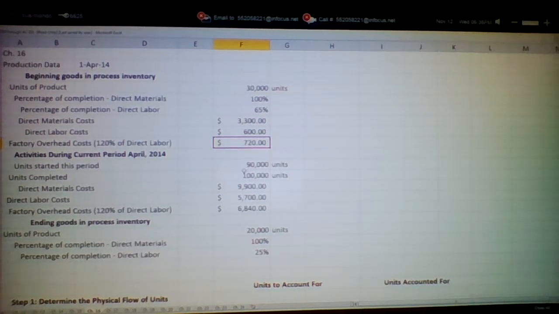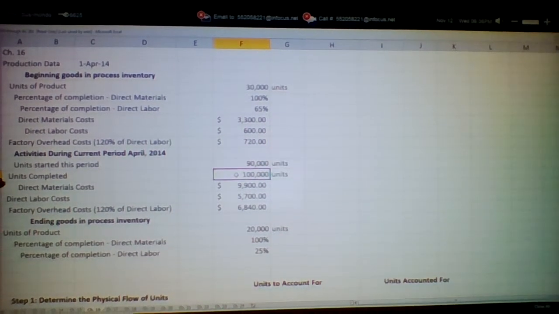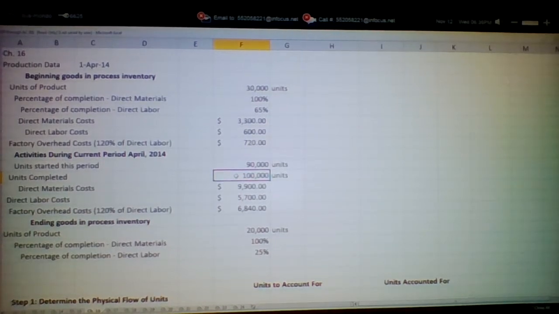Right. So during April, during this period, we started making 90,000 units. And we completed 100,000 units. So we finished them, taken them out of work in process, and moved them to finished goods. Okay. Our direct materials cost was $9,900 for that period. And our direct labor cost was $5,700 for that period.